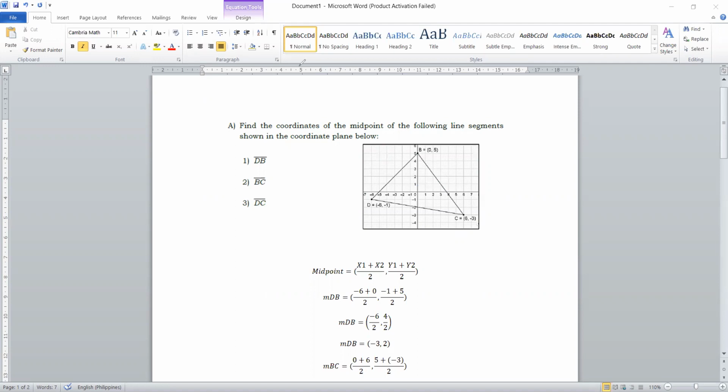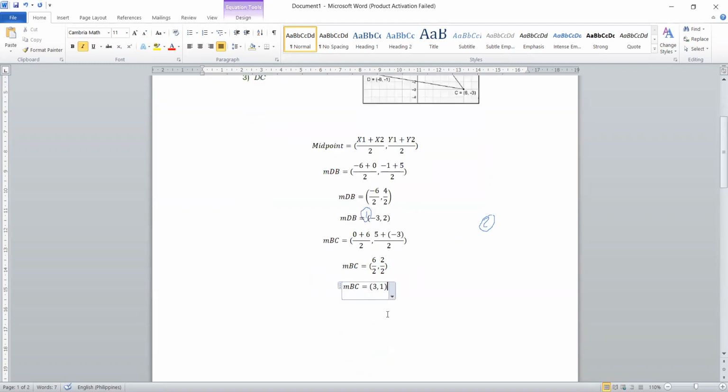Last, for the midpoint of your line segment DC, it doesn't really matter again. I want this as my point 1 and I want this as my point 2. You can interchange them if you want to. So I'll have here midpoint of DC now.